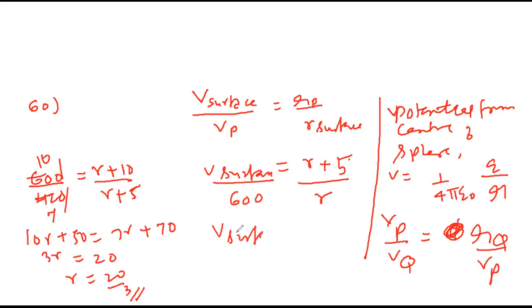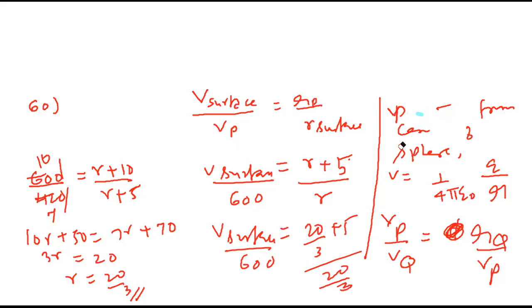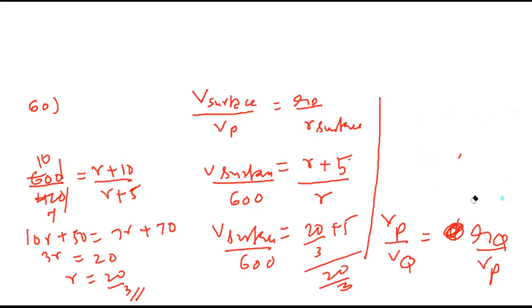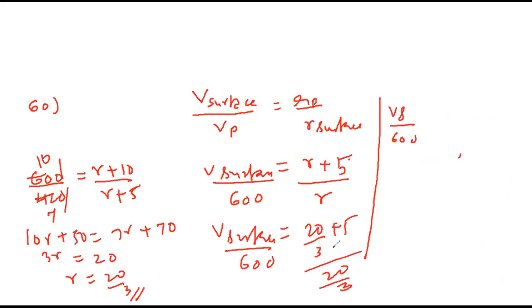So V at surface upon 600 equals 20 by 3 plus 5 upon 20 by 3, which is 35 upon 20.